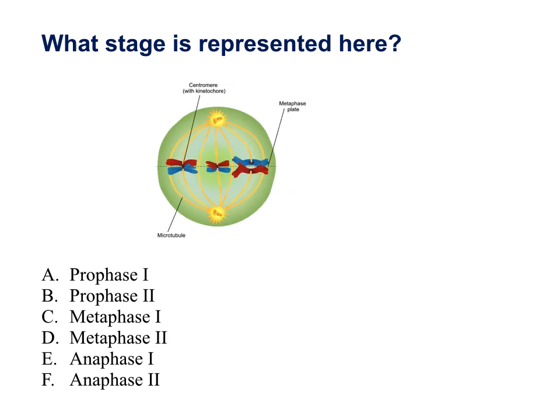And in case that wasn't clear to you, look at this example. Which stage is represented here? Again, we see everything lined up midline, right, at the metaphase plate. But which metaphase is this one? This one is metaphase 1.